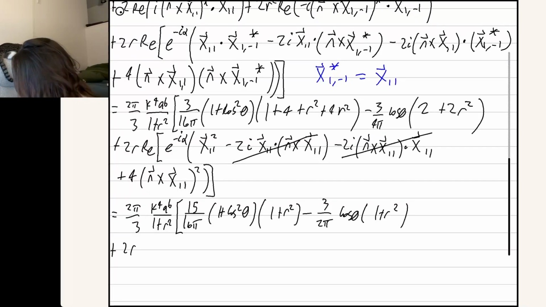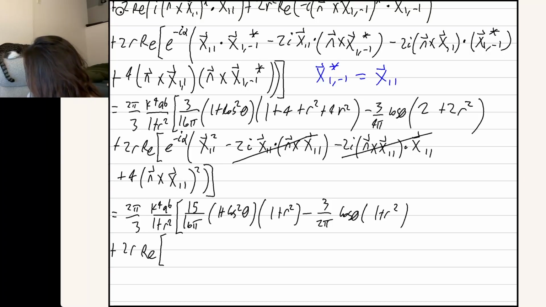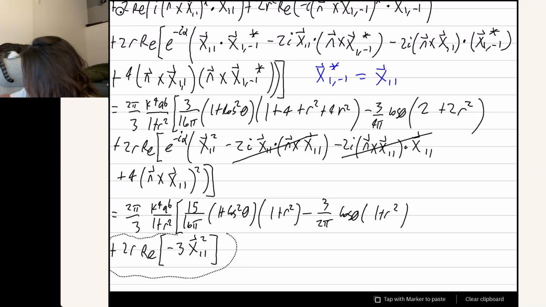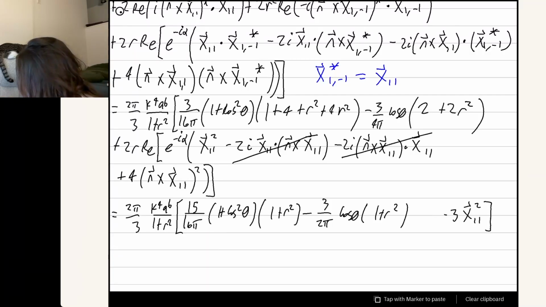We got plus 2r real part. This actually ends up being positive x11 squared minus 4 x11 squared, and so we're going to be left with minus 3 x11 squared. And I don't know why I wrote it on a separate line. I could have kept it all up here, big style.